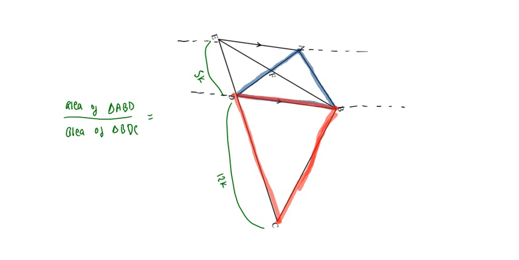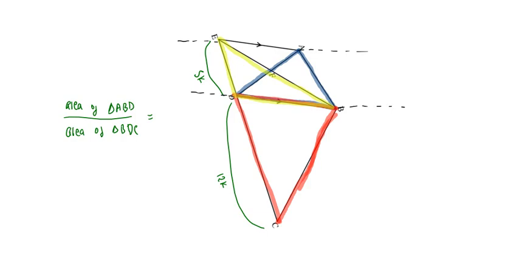Okay, so I'm talking about this blue triangle, and let's make maybe a yellow triangle, and this yellow triangle here. Because they are sharing the same base, those two are going to have the same area.